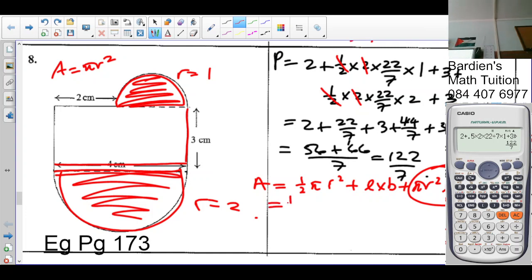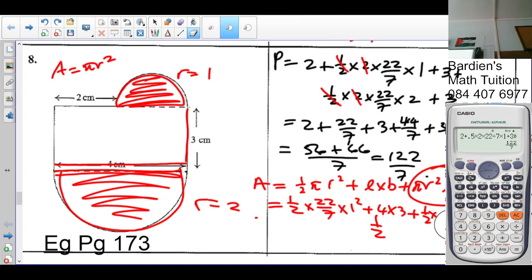So it's going to be a half, pi is 22 over 7, times the radius 1 squared, plus your length is 4 and your breadth is 3, so it's 3 by 4, plus a half, 22 over 7 times r, which is 2 squared. Okay, so let's just simplify here quickly.